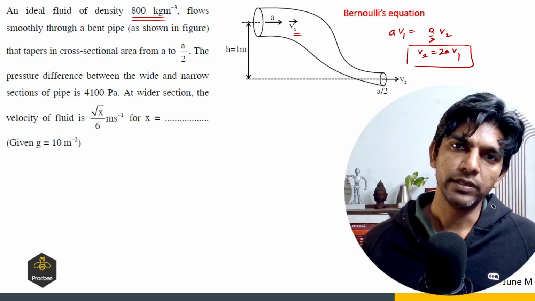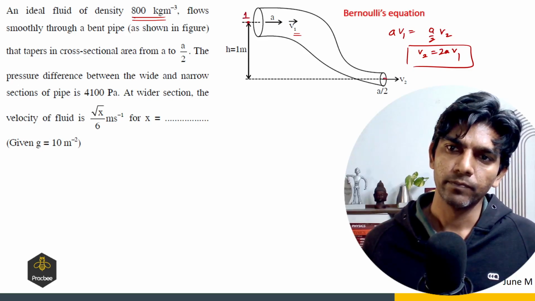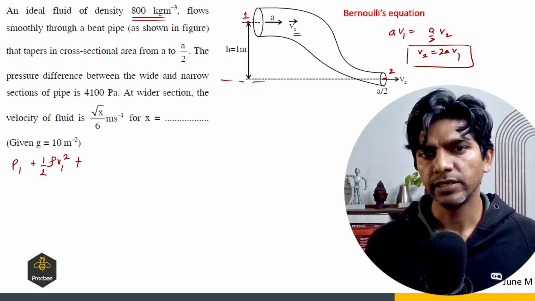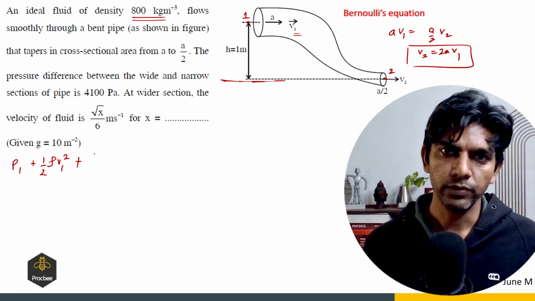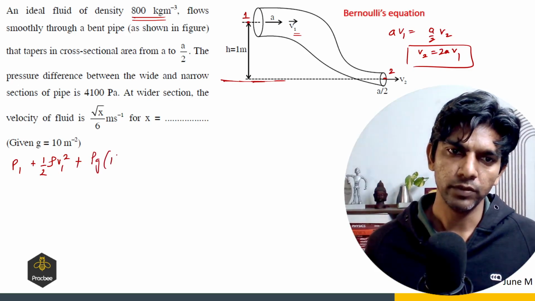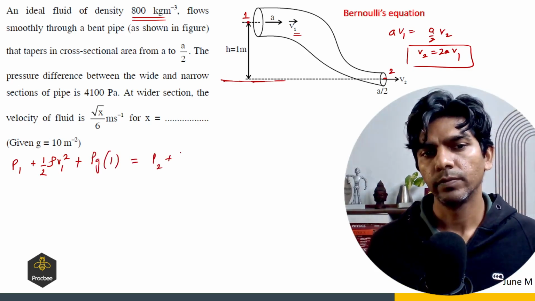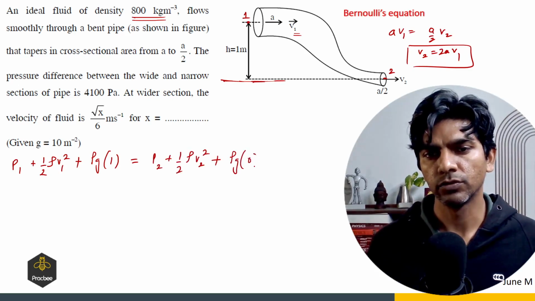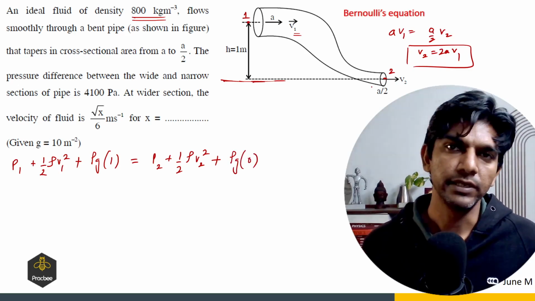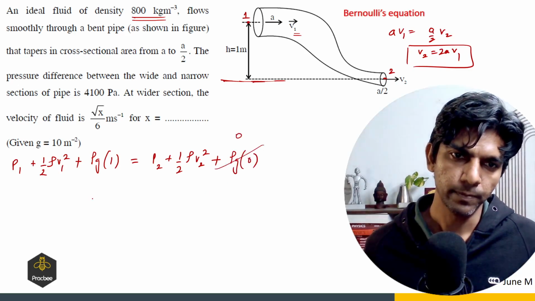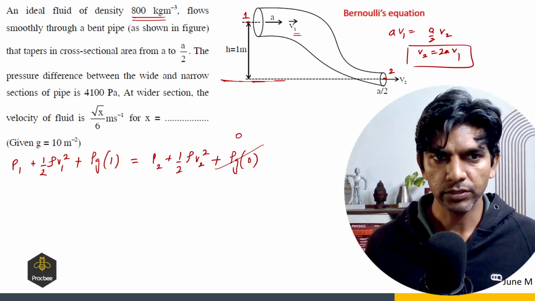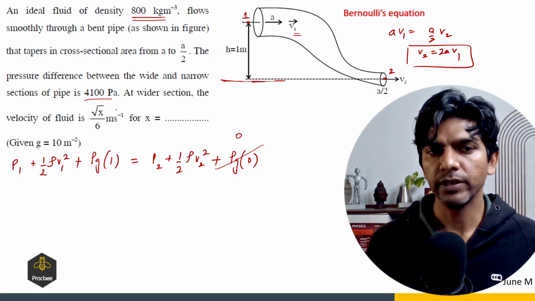If we apply Bernoulli's equation between 1 and 2, P1 plus half rho v1 square plus rho g times h1, where h1 is 1 meter if I consider the second cross section as my reference level, equals P2 plus half rho v2 square plus rho g times 0, because the second cross section is at the reference level. Density is given and pressure difference is also given: P1 minus P2 is 4100.